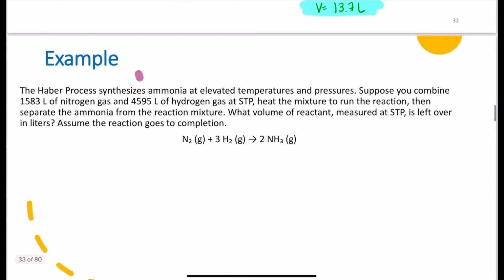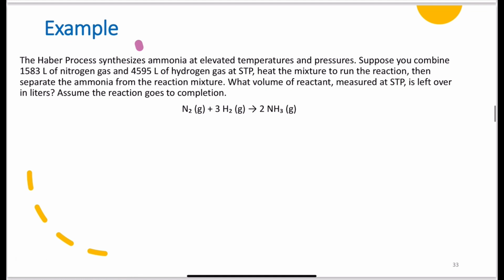And the last example, the Haber process. The Haber process is just a fancy name for this reaction. The Haber process synthesizes ammonia at elevated temperatures and pressures. Suppose you combine 1,583 liters of nitrogen gas and 4,595 liters of H2 gas at STP.